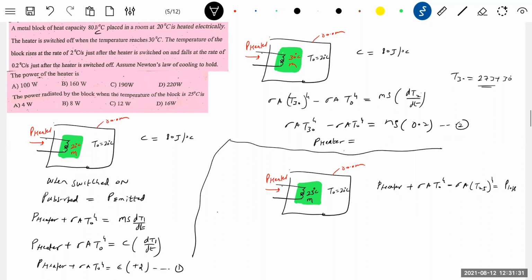Power loss is asked, power radiated by the block. Power radiated means here we should take the emission, or the resultant of that. It's telling only radiation, so I'll take the difference here. Power radiated, I will write it here.